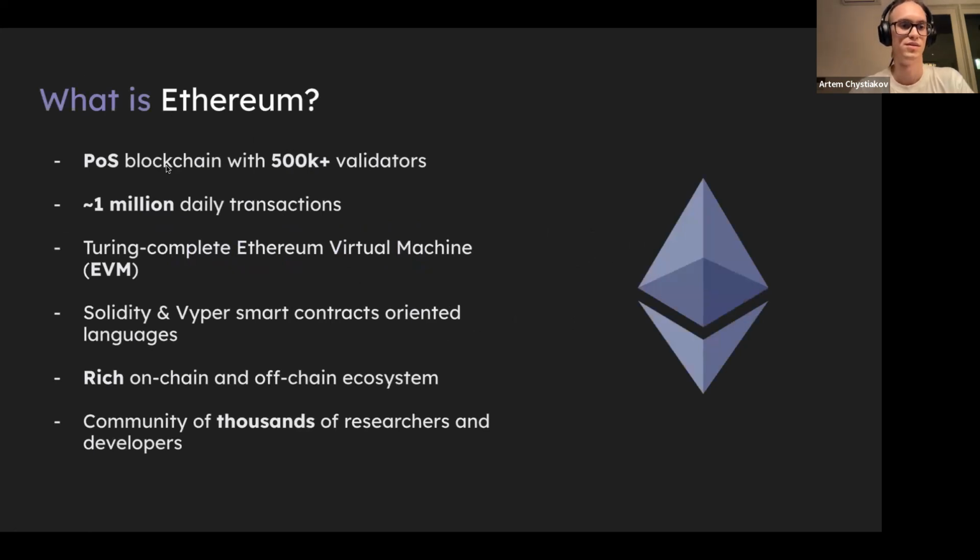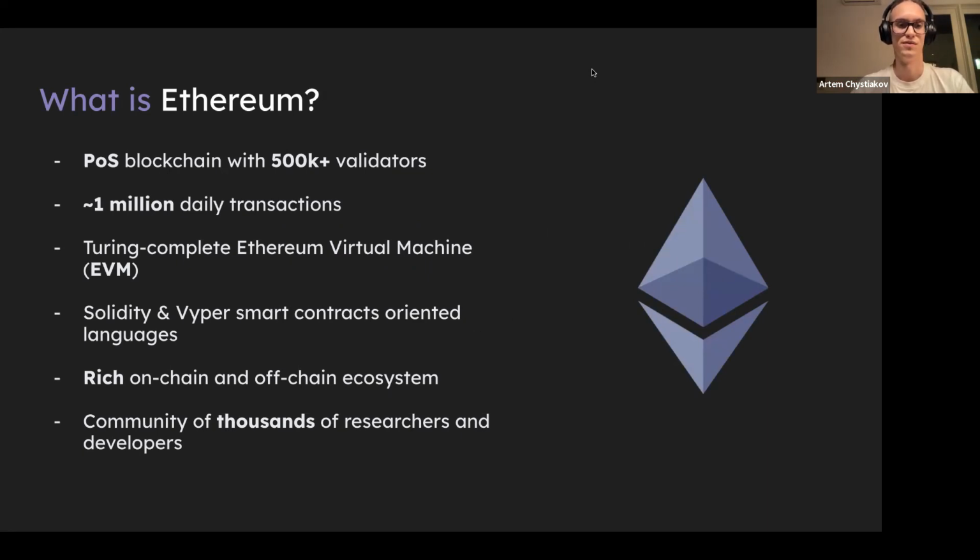So let's start with several basic questions about Ethereum. The first one, what is Ethereum? Actually, Ethereum is a proof-of-stake blockchain right now.